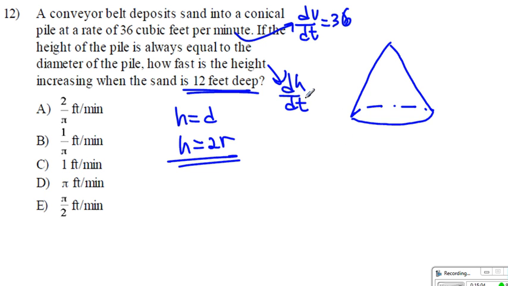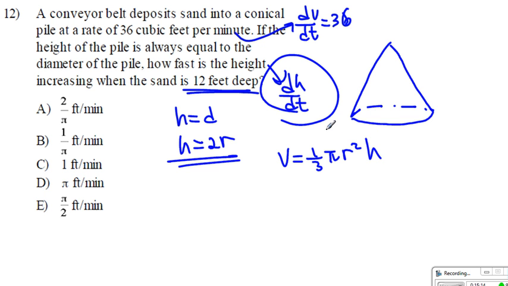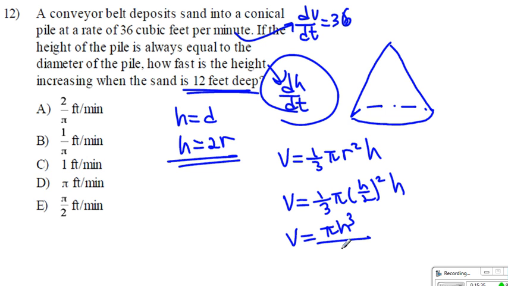All right, so let's try to find the volume first. Volume is equal to 1/3 pi r squared h. Now, since we are looking for dh/dt, it would be great if we can get rid of r. Then here we have V is equal to 1/3 pi (h over 2) squared h. If you organize this, we have pi h cubed over 12. That is the simplified formula for the volume.